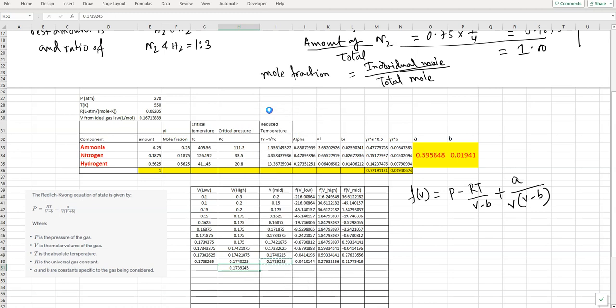Then we have to calculate the midpoint. Now here the difference is 0.003, a very small value.